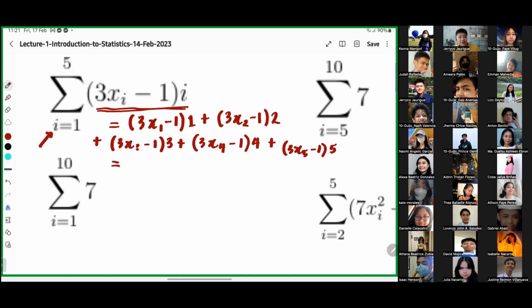Usually, pumapayag na ako na ganito yung sagot. So, pinapasulat ko lang sa unahan yung multiplier kasi medyo awkward tingnan, no? So, final answer can be written as 3x sub 1 minus 1, plus 3x sub 2 minus 1, plus 3x sub 3 minus 1, plus 3x sub 4 minus 1, plus 3x sub 5 minus 1.